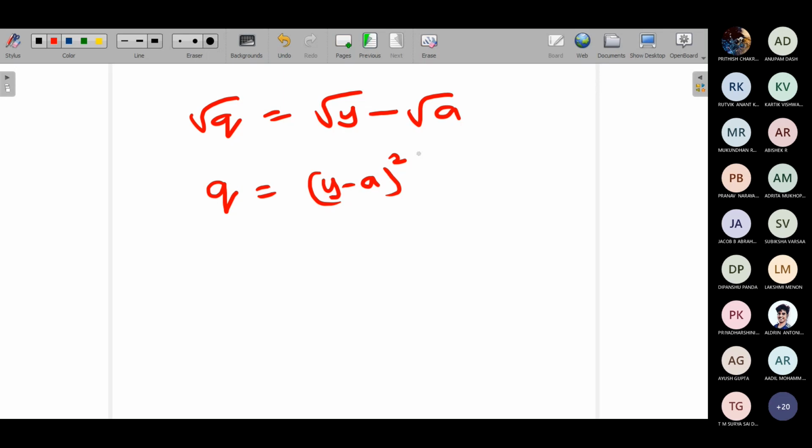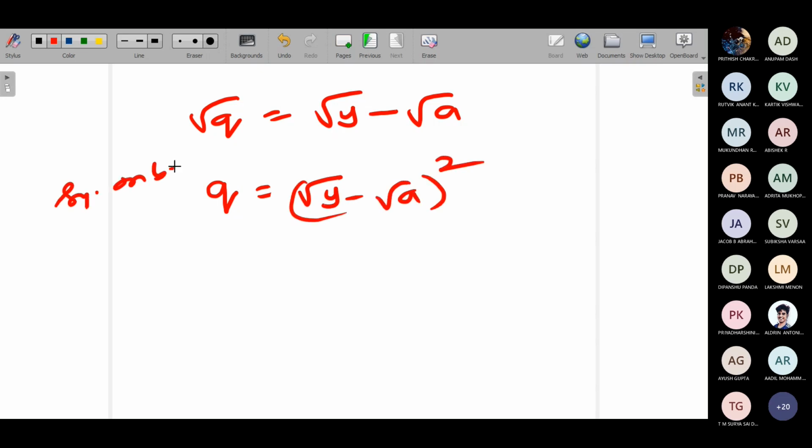Root y minus root a, the whole square. Yes, ma'am. Squaring on both sides. Now you got the q value.